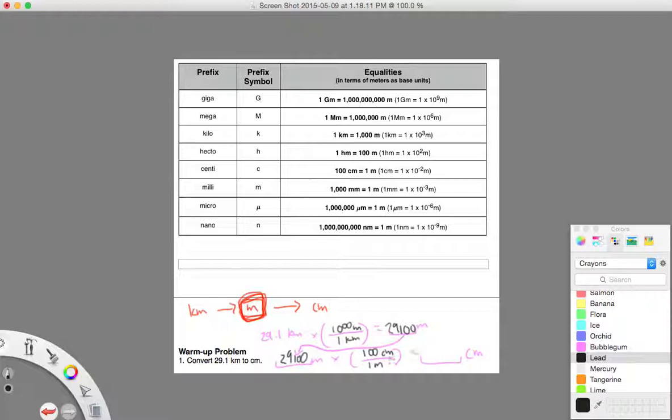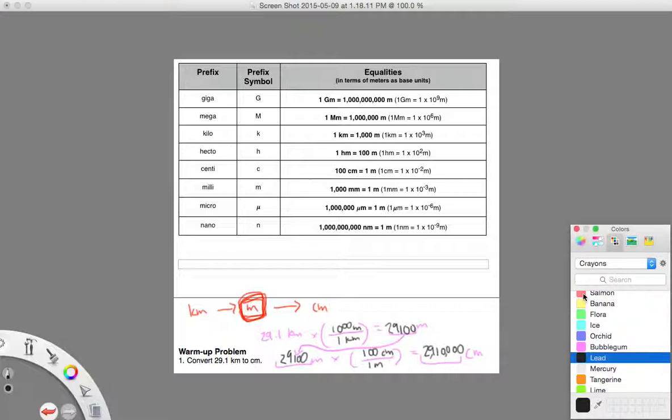So now I multiply this number by this conversion factor, and I should get the following. I'll put the comma in here. So that's 2,910,000 centimeters. And if you're curious about sig figs here, you can count them up, there are only 3 sig figs. That's our final answer.